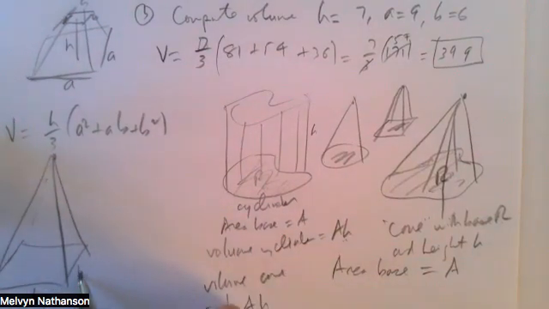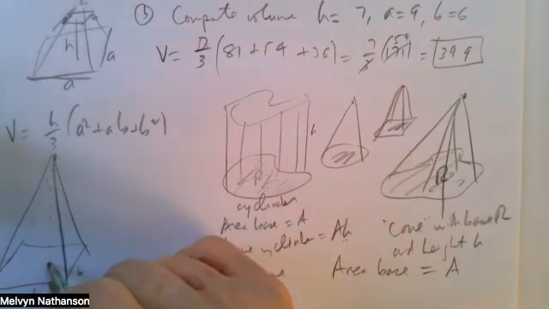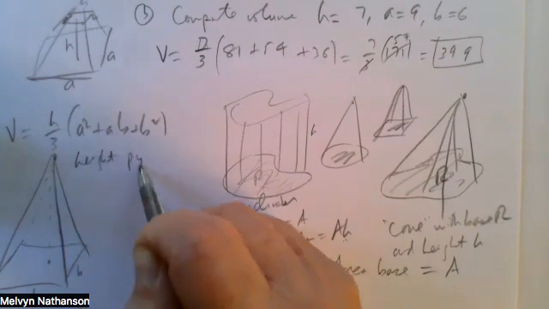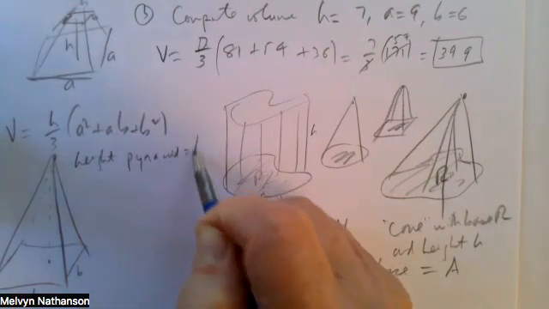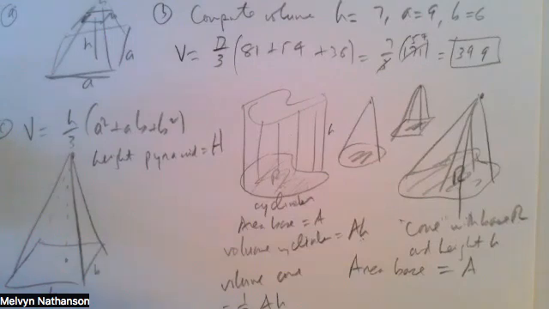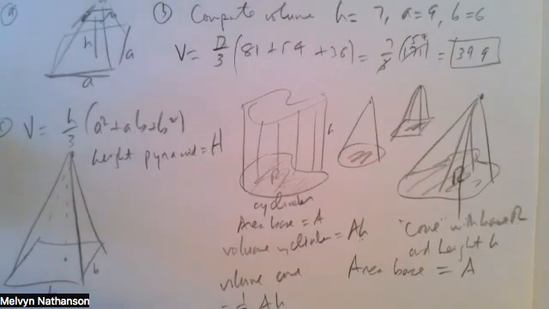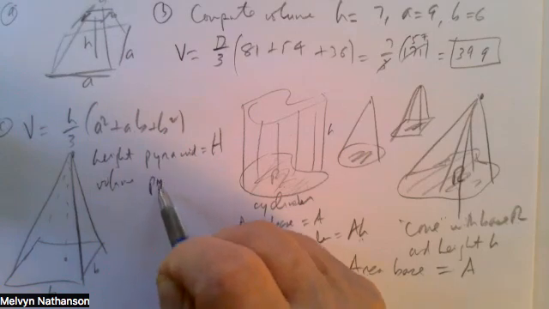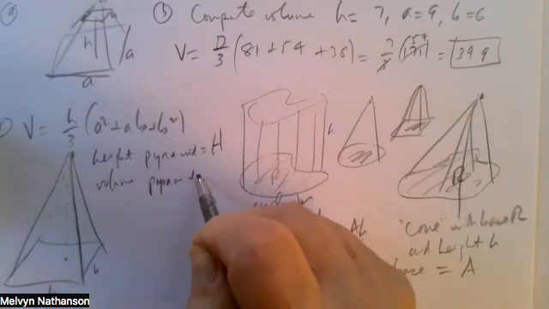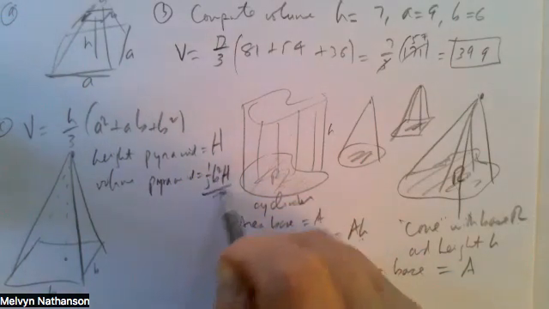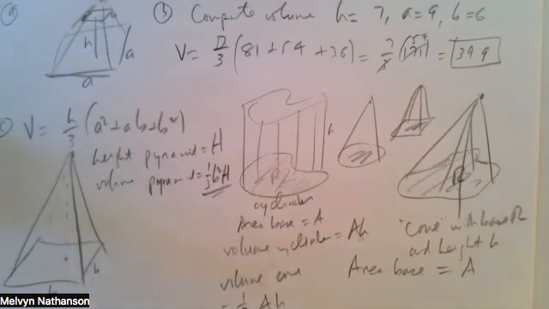So the base is a square of side B, and let's say the height of the pyramid is capital H. Would it be like 1/3 B squared H? Well, the volume of the pyramid is 1/3 the area of the base times the height, capital H. So that's the volume of the pyramid, right?